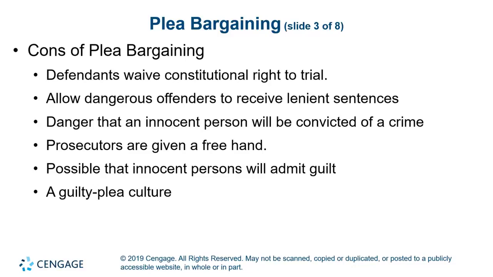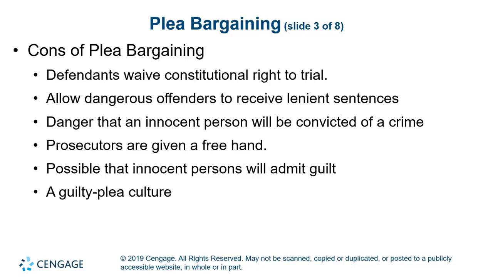Well, what are the cons then? Opponents of plea bargaining believe that a negotiated plea should be eliminated for the following reasons. First of all, it basically encourages defendants to waive their constitutional right to trial.